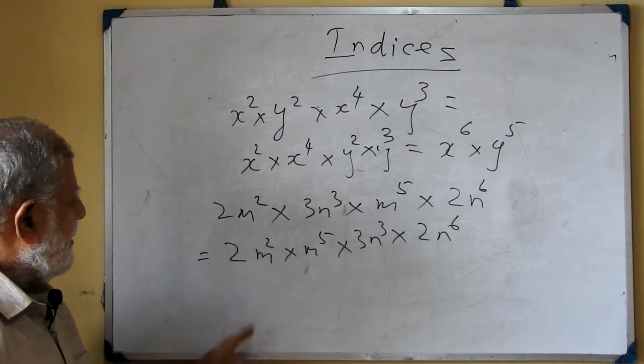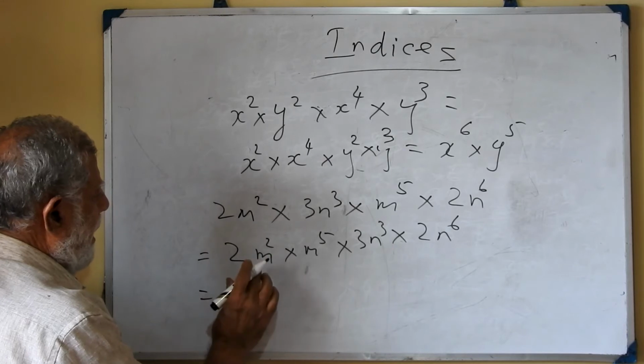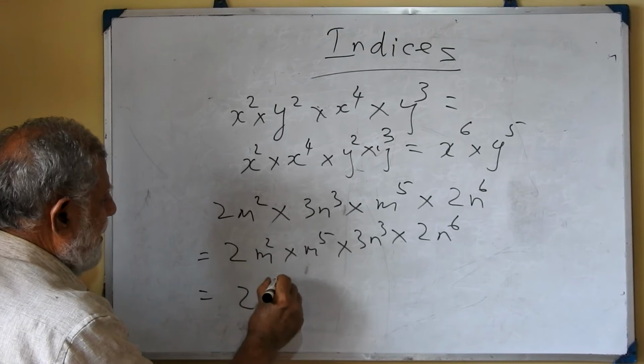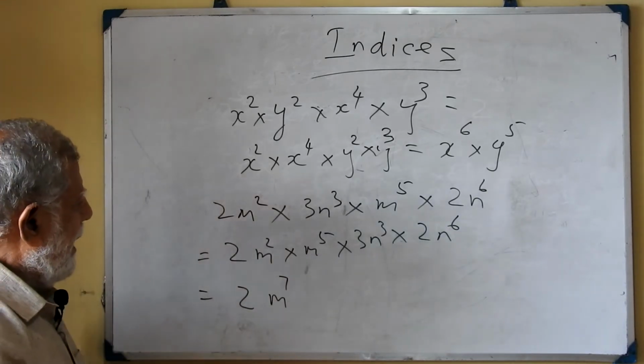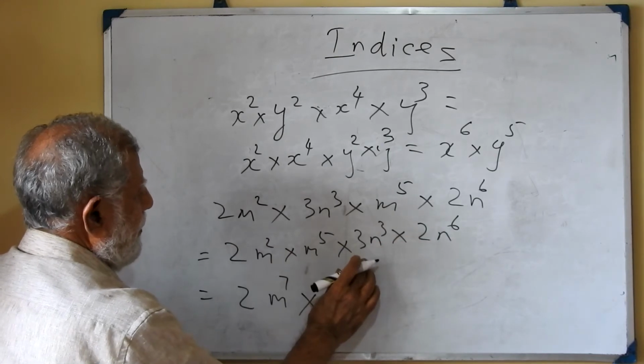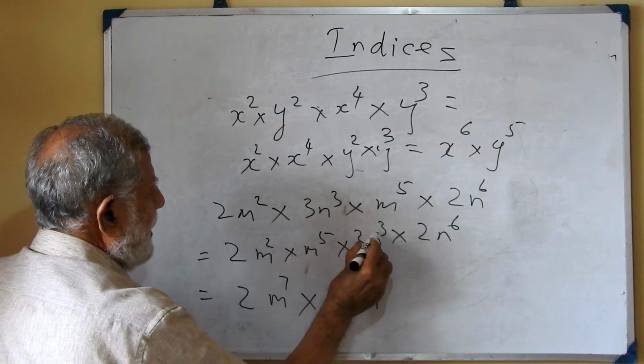Now we have collected the like terms. Now we multiply these two. When you multiply these two, we get 2 m squared and m to the power of 5 will be m to the power of 7, into, we have 3 times 2, 6, into the power of 3 and 6, 9.